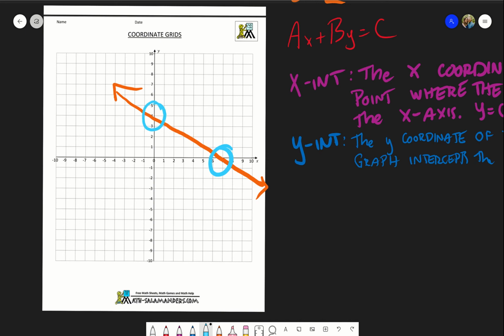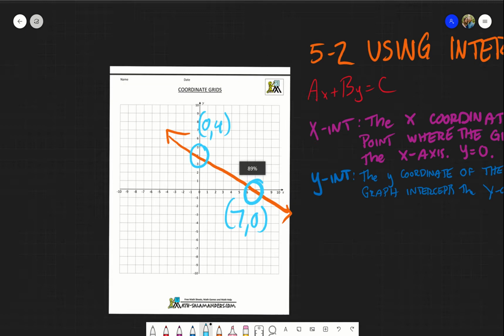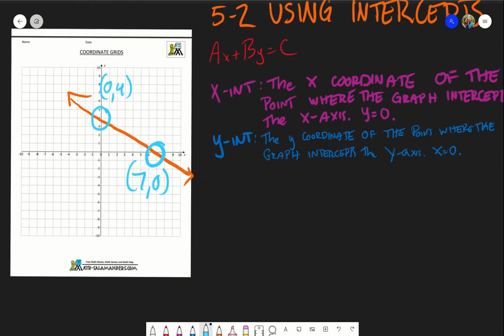We could put those points: this we would call (7, 0), and this we would call (0, 4). Remember, in the x-intercept, y is always 0, and in the y-intercept, x is 0. You can highlight these. These are important to remember, and that'll help us when we are using our standard form.